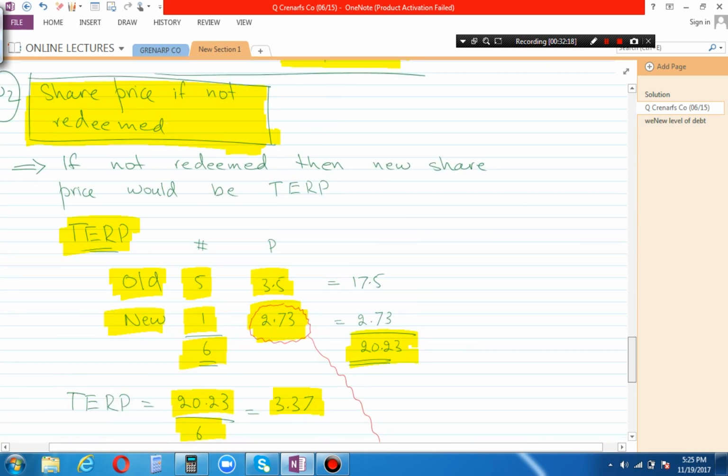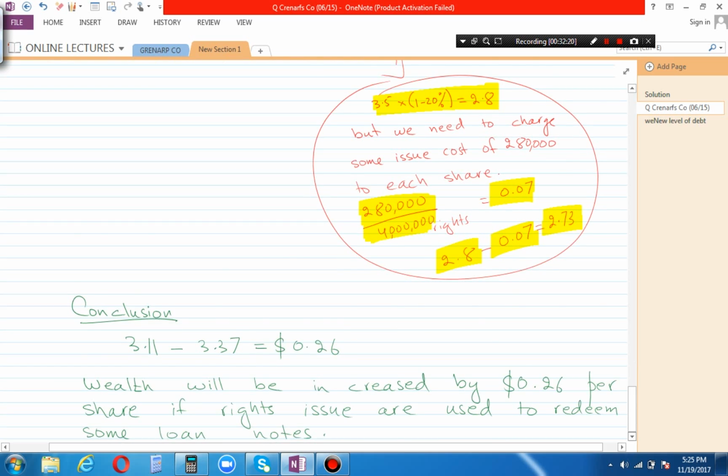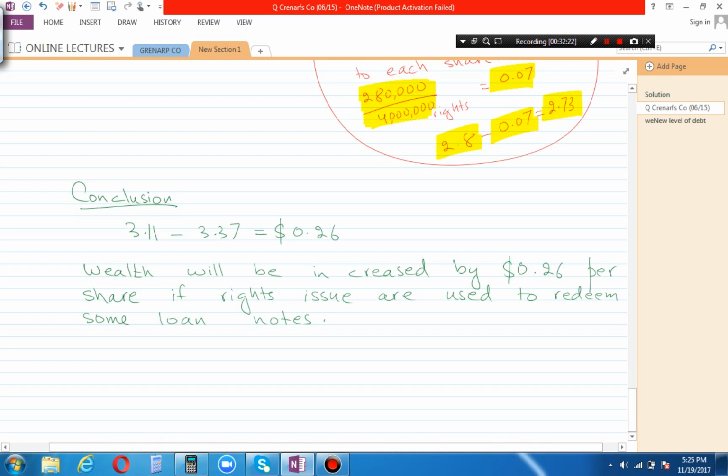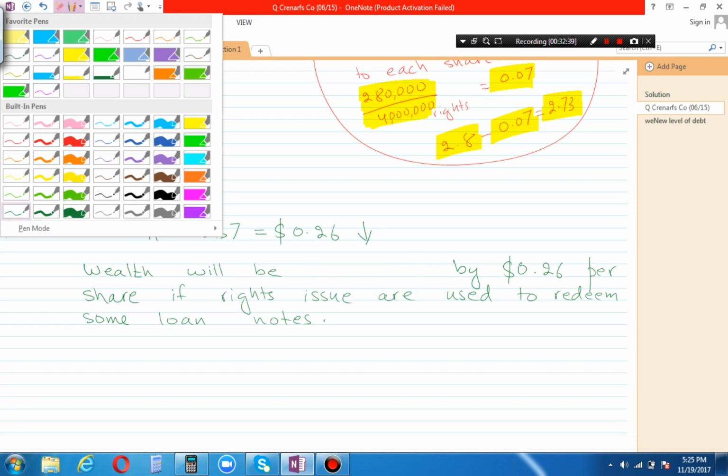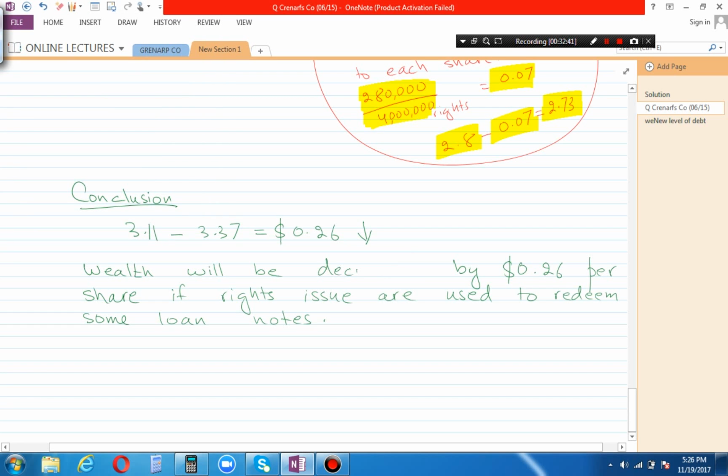Then you have to write in the conclusion that 3.11 minus 3.37 is a decrease of $0.26, and the wealth will be decreased, not increased. Wealth will be decreased by 0.26 per share if the rights issue is used to redeem some of the loan notes.